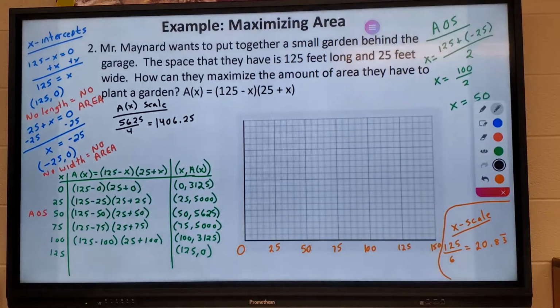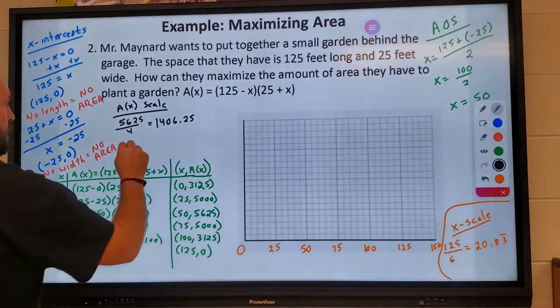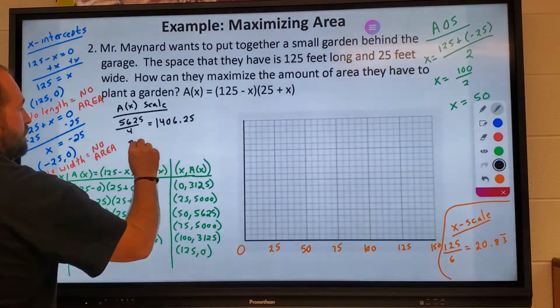I'm going to have the ability to fluctuate this a little bit. The question is how much? Can you go to 1,407? Sure, absolutely, if you want to make your life miserable. Okay, these problems are going to take long enough. Instead of trying to hurt your brain that much, let's take this, and since it's in the thousands, let's round it up to the nearest 100. Okay, and again, you have to round up. You cannot round down. So if we round up, I have 1,500 as my scale.